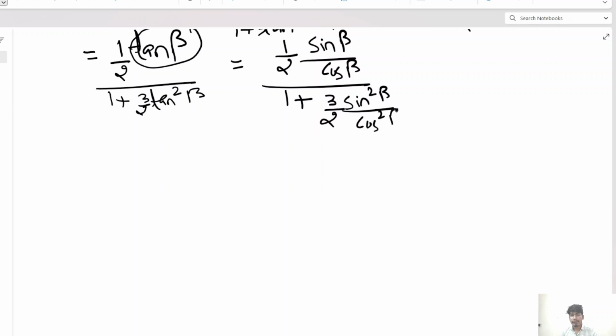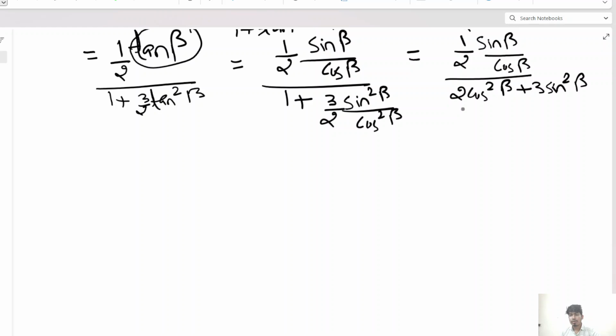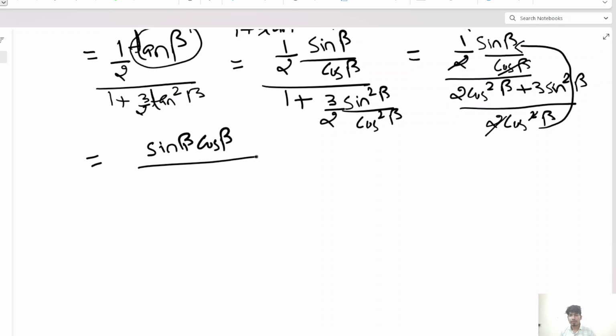Then half of sin beta upon cos beta, and here 2 cos square beta plus 3 sin square beta upon 2 cos square beta. Then 2 cancels by 2 and the square cancels, so this cos beta goes here: sin beta cos beta upon 2 cos square beta plus 3 sin square beta.